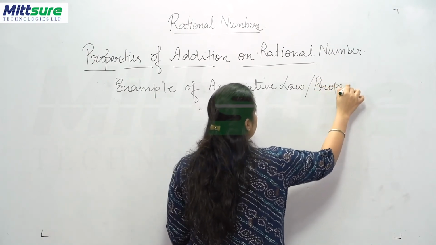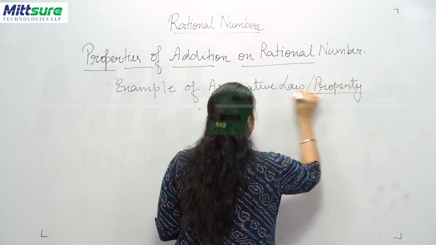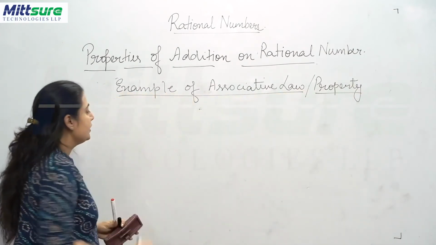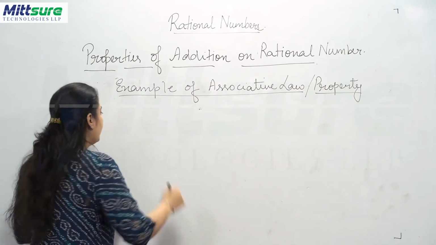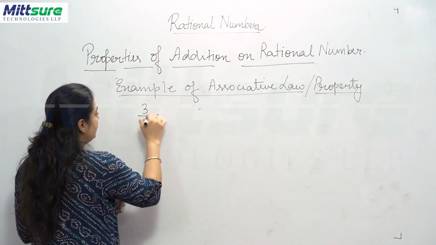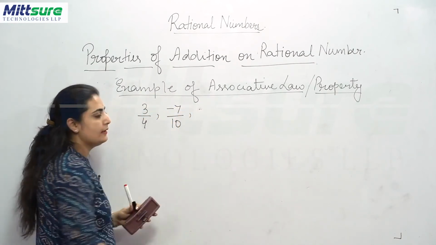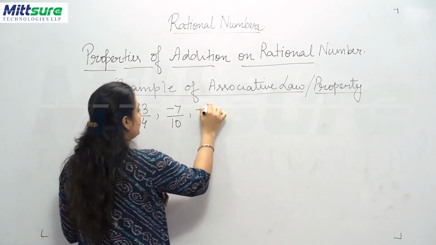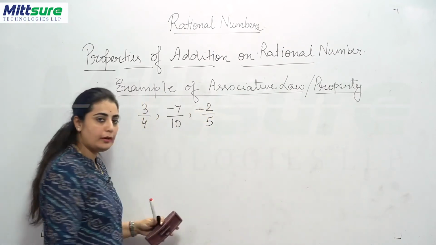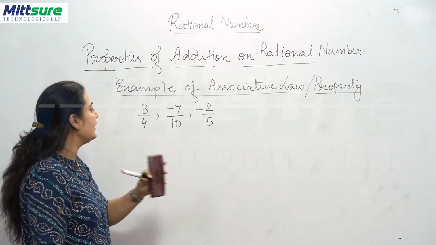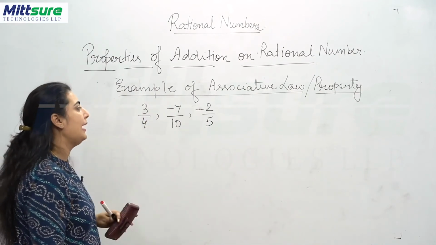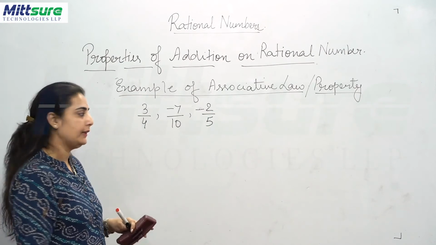Both the words are correct. So I have taken 3 upon 4, then minus 7 upon 10, and then minus 2 upon 5. Okay, now using these three rational numbers, we are going to apply the associative property.